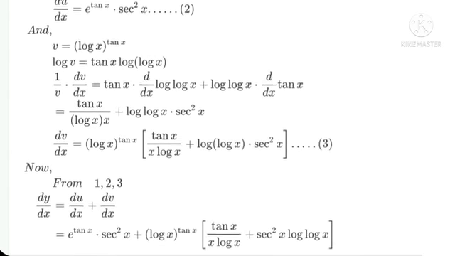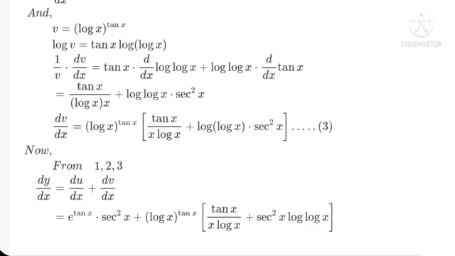And then find v. Taking log on both sides. Now differentiate. Derivative of log v is 1 upon v into dv by dx. And here you use the product rule: first into derivative of second plus second into derivative of first.